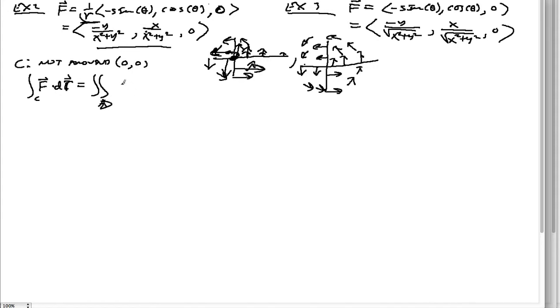We can use Green's theorem, and we knew that this relationship here was 0, so we knew that it was always 0. Okay, so this is an expression of something that is curl-free, or what we call irrotational.